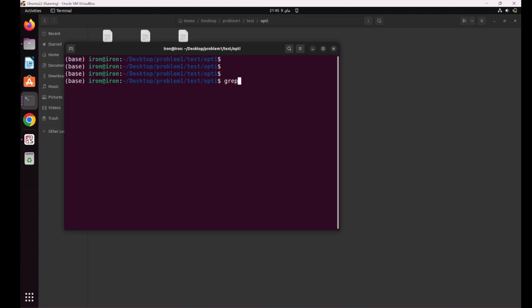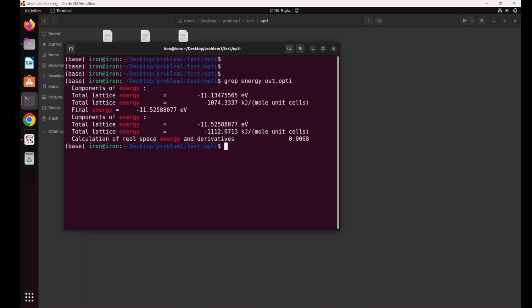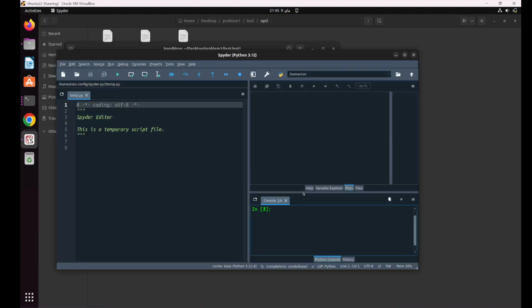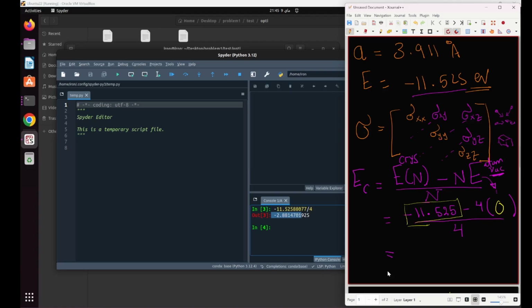I can grep the word energy from the output file, and it brings up all the places where the word energy has been mentioned. The energy, if you remember, was minus 11.525. Let me take this on a calculator and divide by 4, and that's the cohesive energy. We answered the second part of the question.